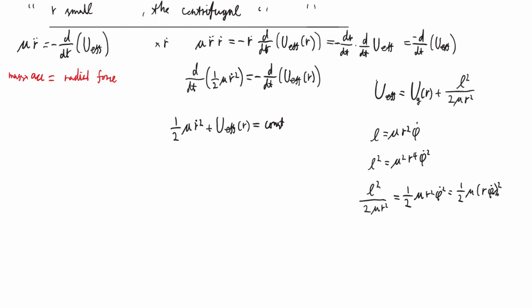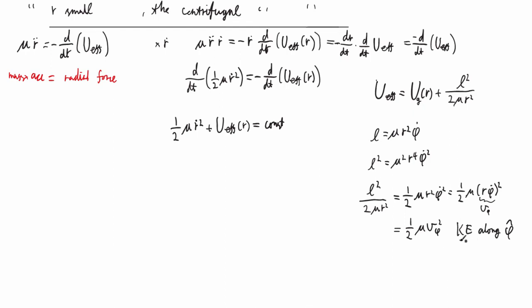R phi dot is the velocity in the phi direction. So this is just 1/2 mu times v phi squared. In other words, this is the kinetic energy in the phi hat direction.